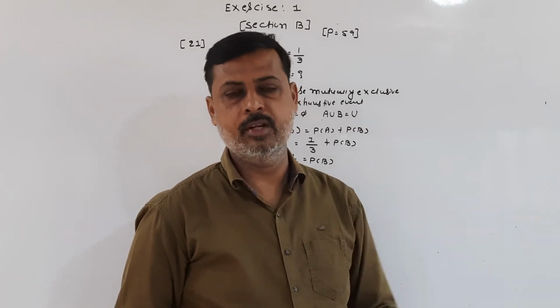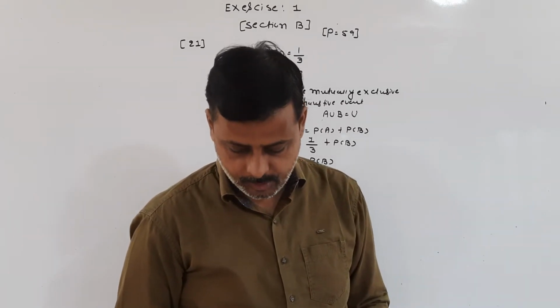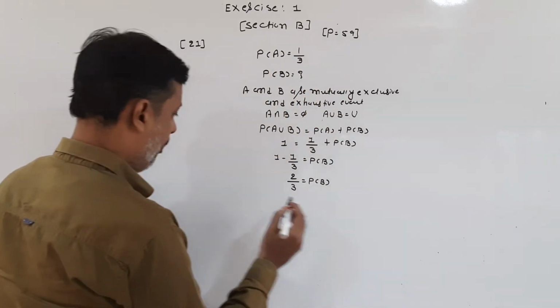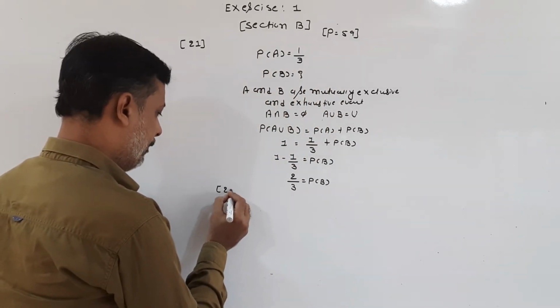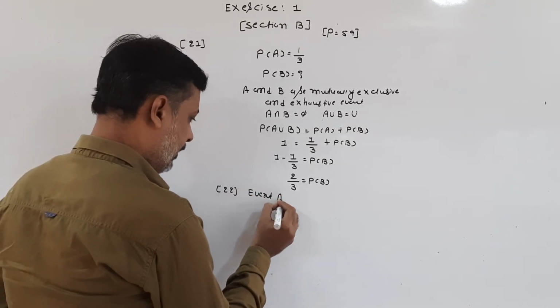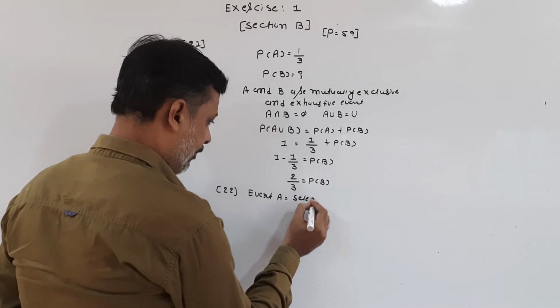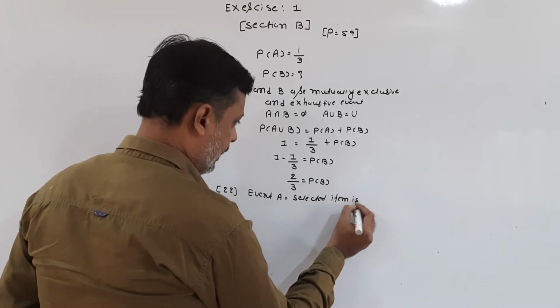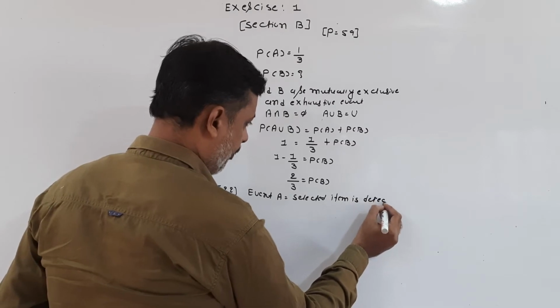Percentage is always out of 100. Event A: the selected item is defective.